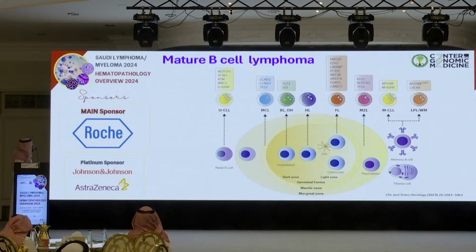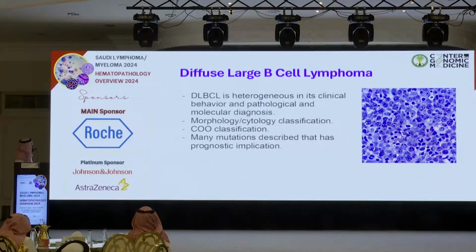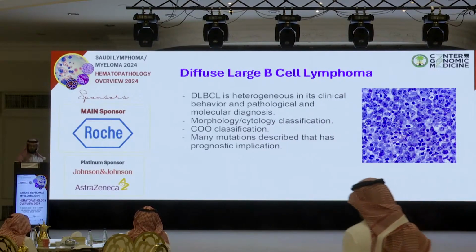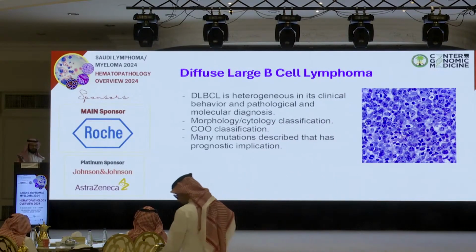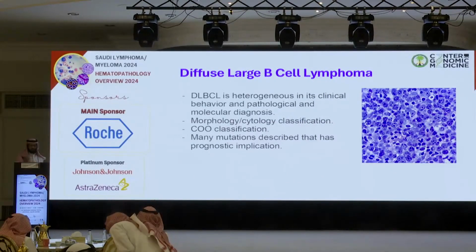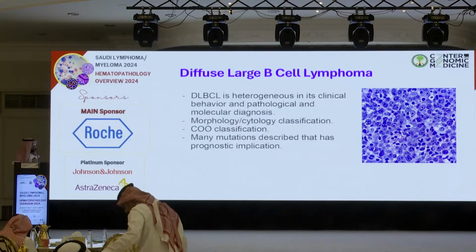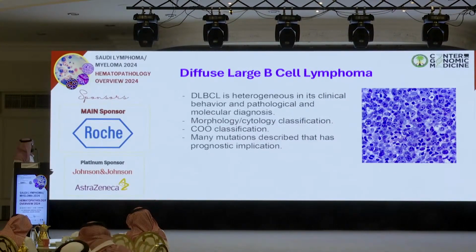Now let's move to the diffuse large B cell. Diffuse large B cell is by definition a heterogeneous group. So the definition is that you have diffuse, large cells stained positive with B cell markers. So anything that fits with that will be under diffuse large B cell. And we have been trying to differentiate this for a long time.